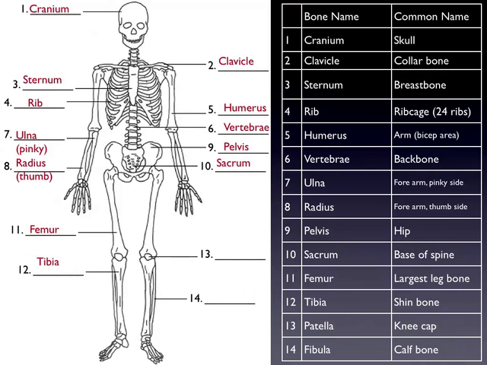So the tibia is this front bone, the shin bone. The next one behind it doesn't rhyme with it. People always want to say tibia and fibia, but it's fibula. And then the kneecap is the patella.